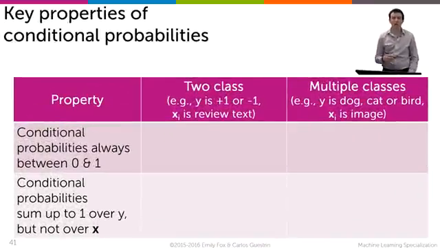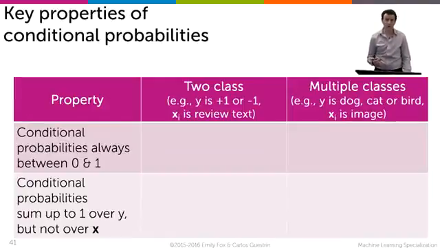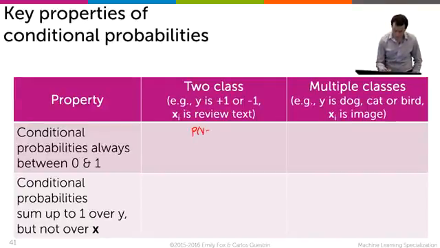So let's talk about a few important properties of conditional probabilities. First, if we have two classes, conditional probabilities are always between 0 and 1. So the probability that y is equal to plus 1 given xi is somewhere between 0 and 1. Similarly, the probability that y is minus 1 given xi is somewhere between 0 and 1.